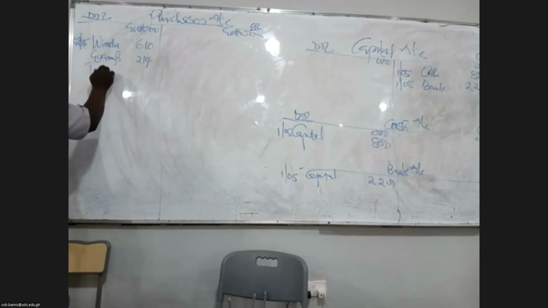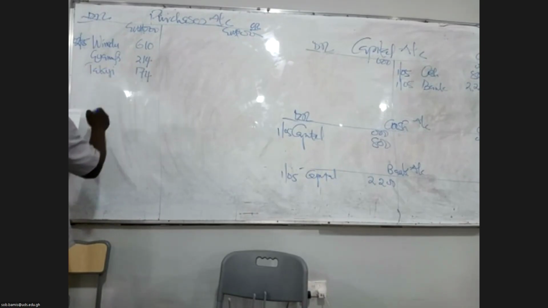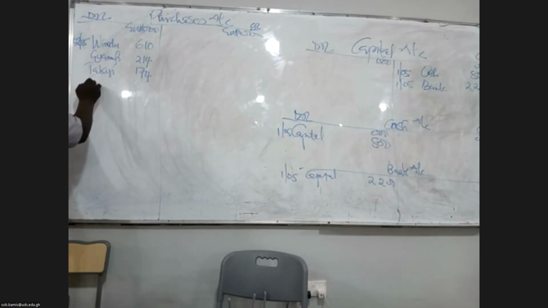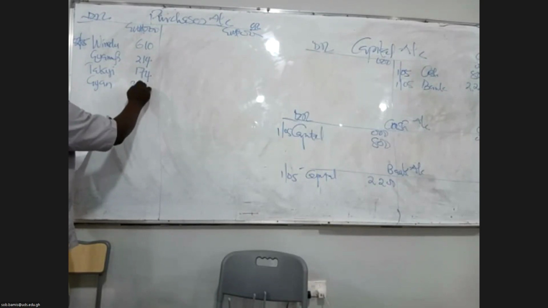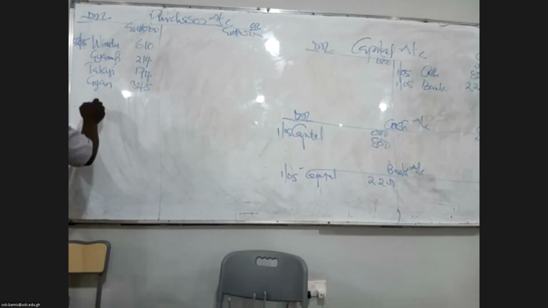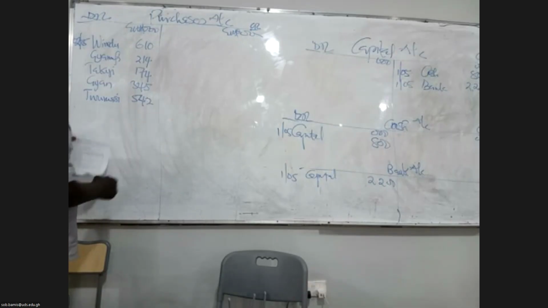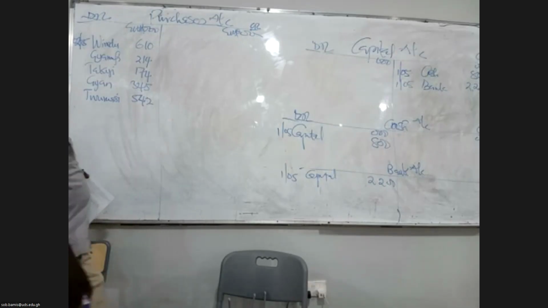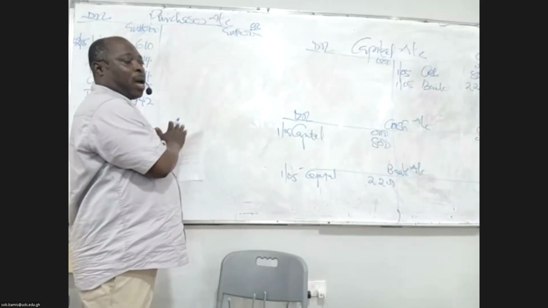Then 30 is what? 174. Then Jan is 345. Then Chumesi is 542. This is the debit side.